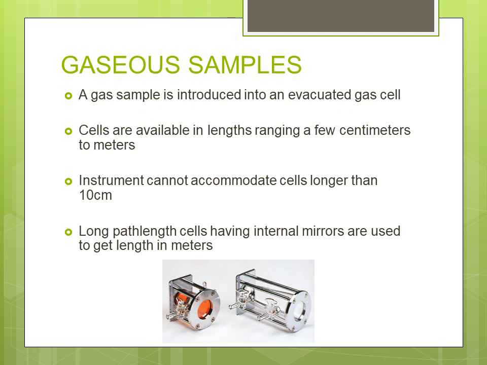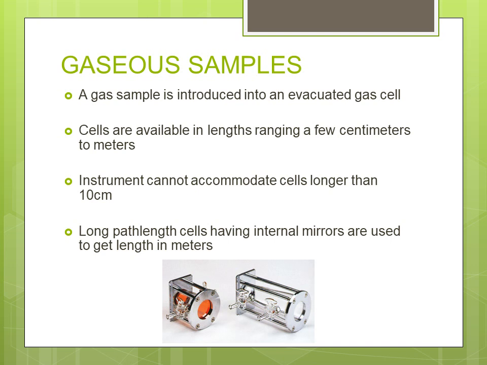First of all, how to introduce gaseous samples. A gas sample is introduced into an evacuated gas cell. You can see below the diagram in which these gas cells have been shown, and these are made by Shimadzu. These cells are available in lengths ranging from a few centimeters to meters.